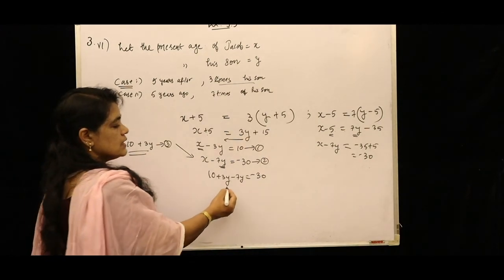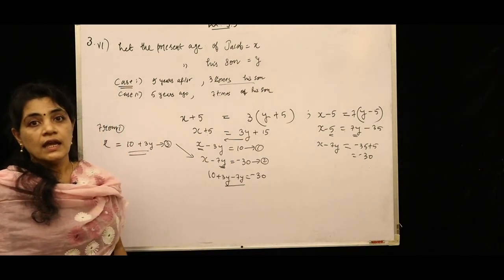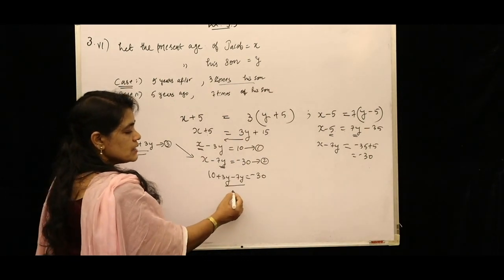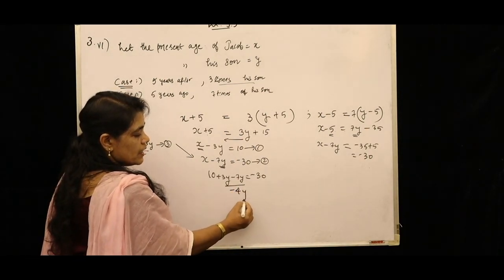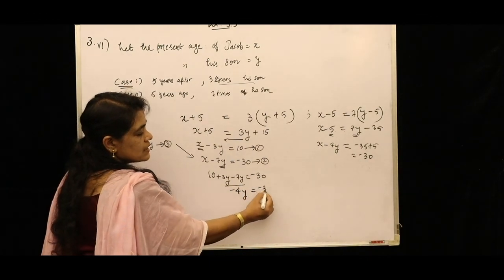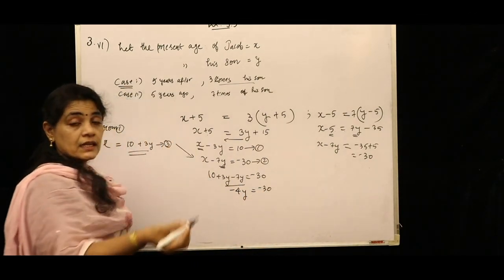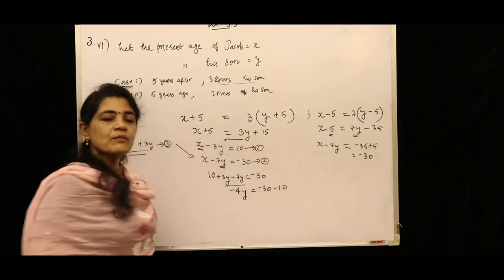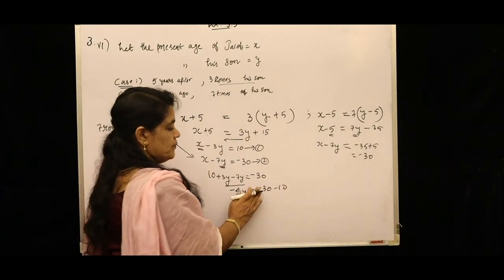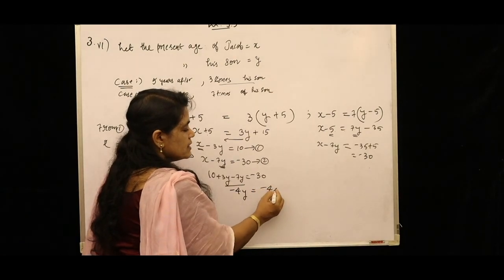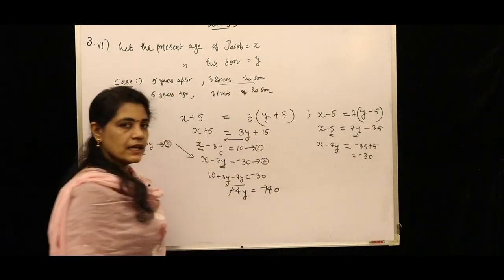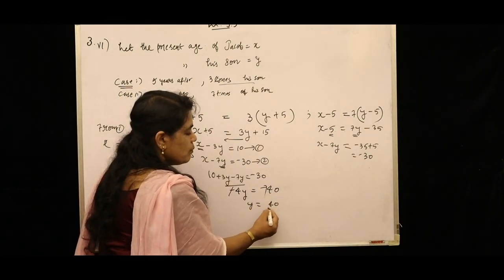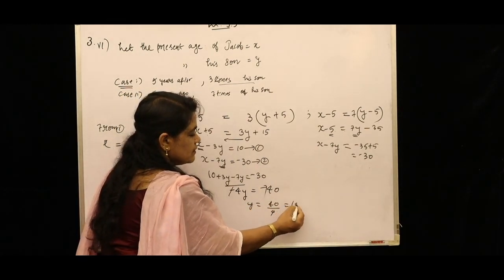This 3y and 7y can be added or subtracted because they are like terms. So minus 4y equal to minus 30, and this plus 10 comes to RHS as minus 10. So minus 30 minus 10 is minus 40. The minus sign can be cancelled from both sides. So y is 40 by 4, that is 10.